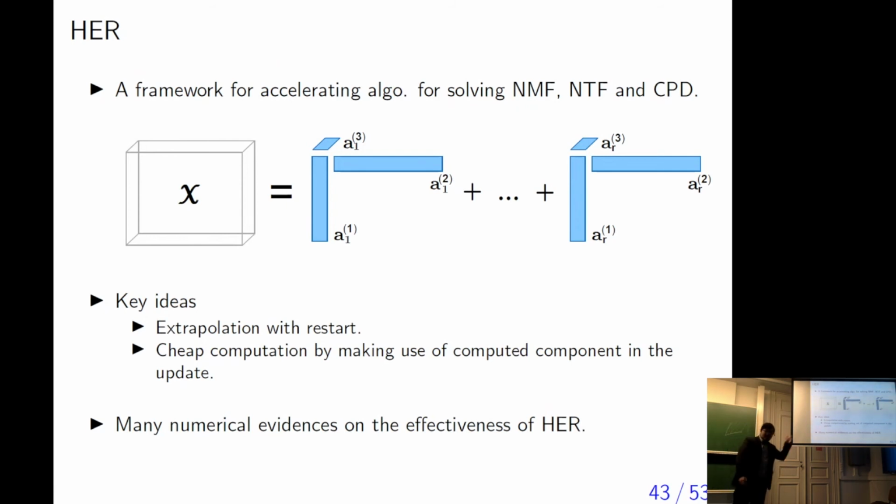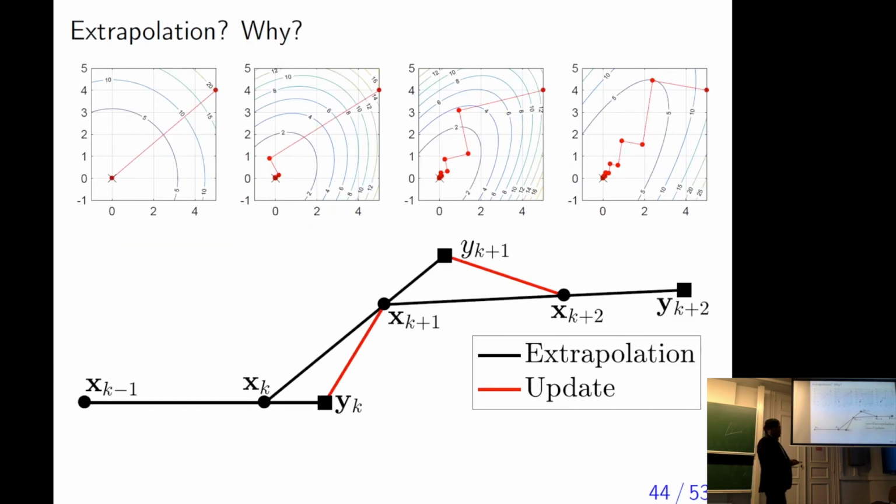That's how the thing works: you make the extrapolation very, very, very cheap. This is the key idea. So no matter what situation, you just extrapolate, then you will gain speed-up. Because the extrapolation is cheap, even if it's doing worse, you abandon it, you don't lose anything. So why extrapolation? It's just because this is a natural thing in optimization.